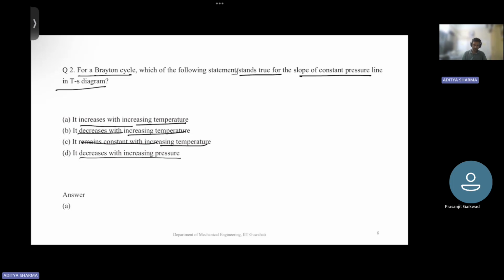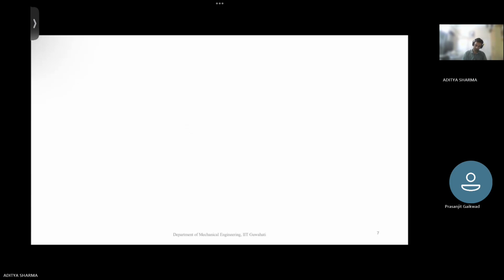Right, so A is the correct option in that case. Now let's move on to next question. Third question. After this question, we'll have numericals only.